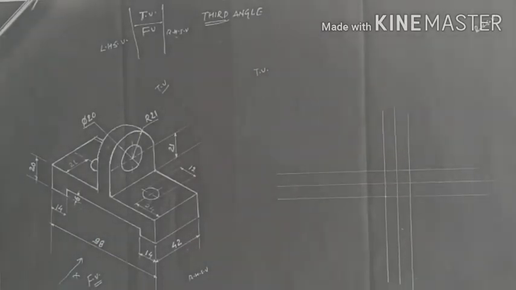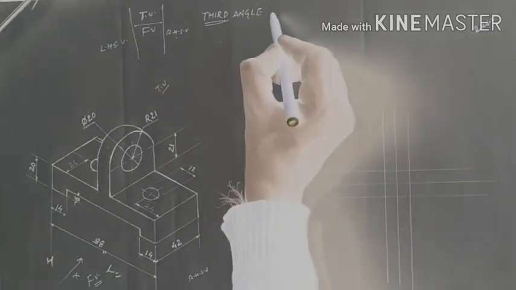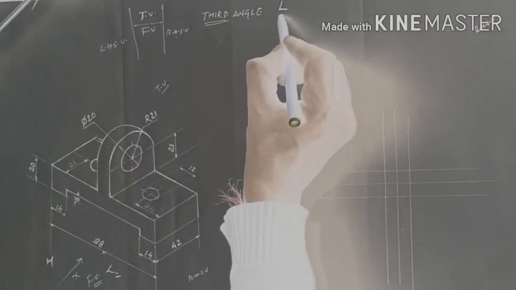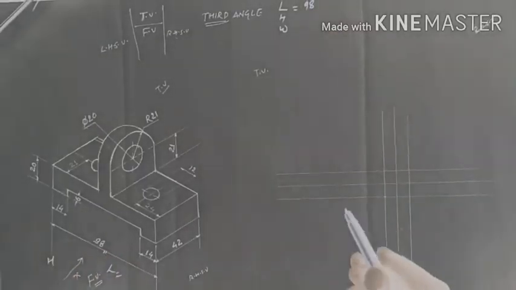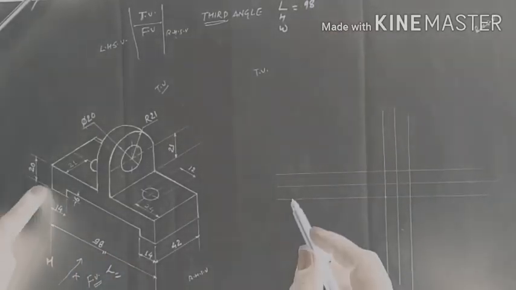What we see from the front view, we all know very well, is length and height. The maximum length is 98 mm. So the basic dimensions are length, height and width. Length is 98 mm, starting height is 20, remember.